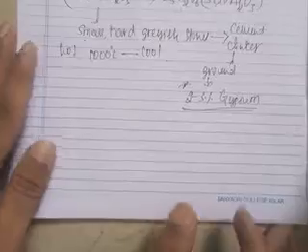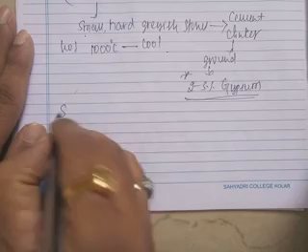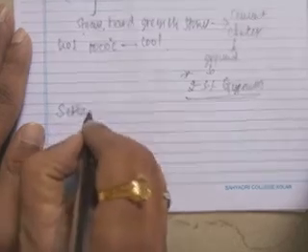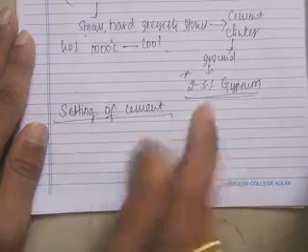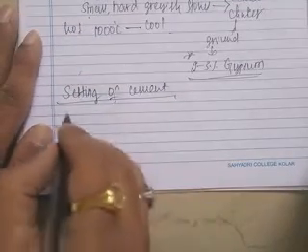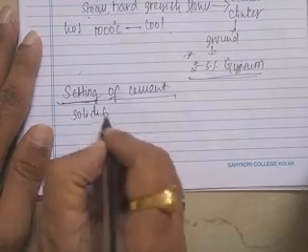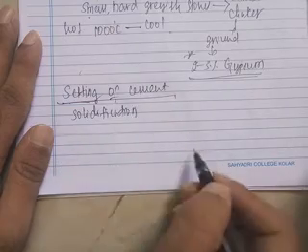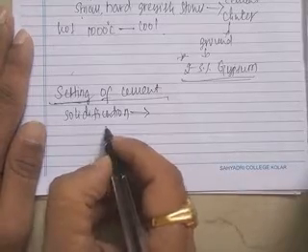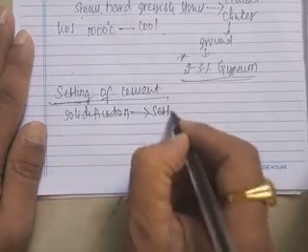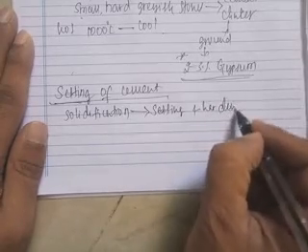Next we shall move on to one more important concept about cement, the setting of cement. Setting of cement is nothing but the solidification of cement. This solidification is due to two processes: one is setting and another is hardening.